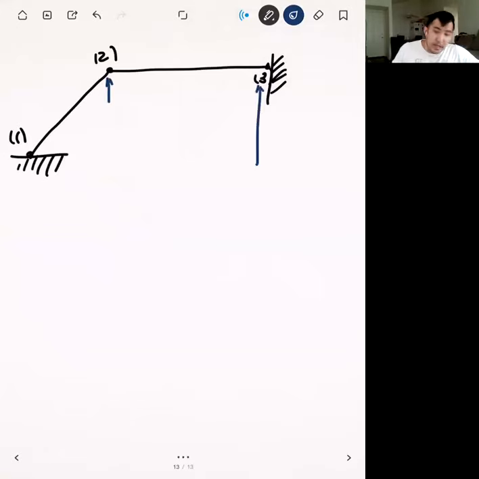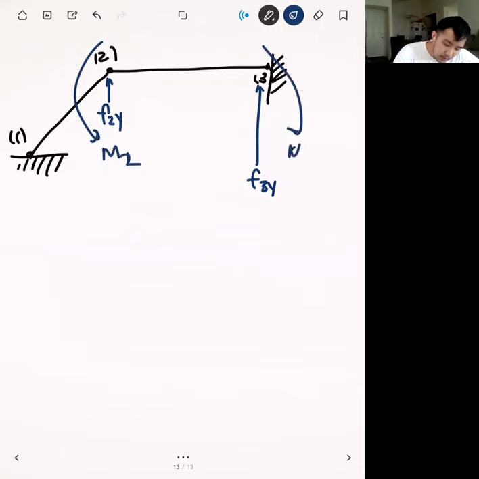Because we have a lopsided load, our nodal load on node 3 is going to be bigger because of our ramp. We're also going to have our moments, M2, M3.